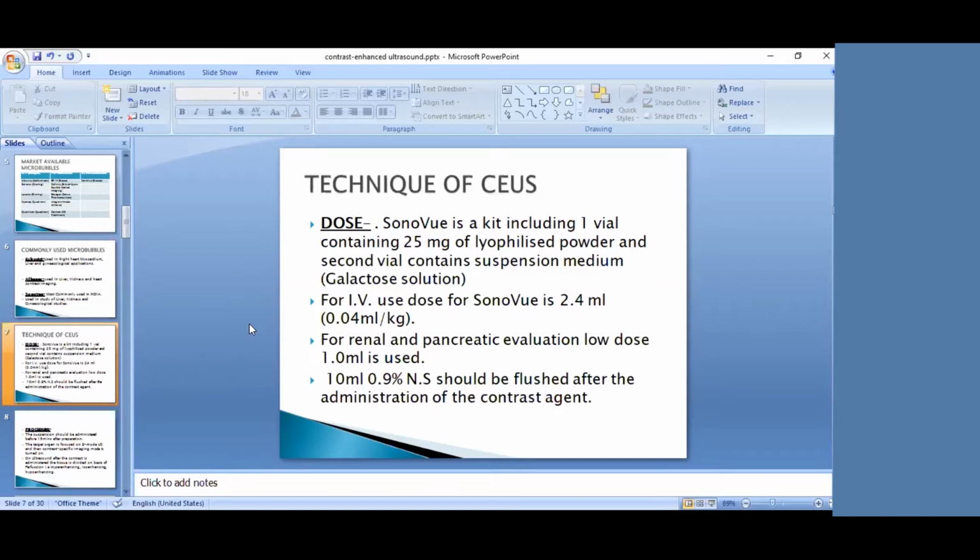We will mix them, then take 2.4 ml and inject it intravenously into the patient. After it, we will take 10 ml of normal saline and inject it after the microbubbles. So the normal saline should be flushed after the administration of the contrast agent.